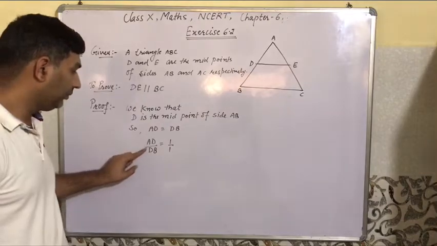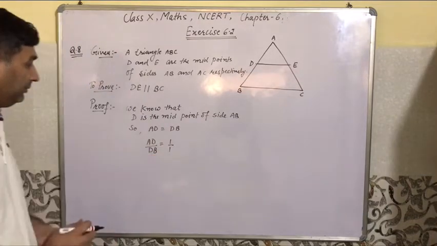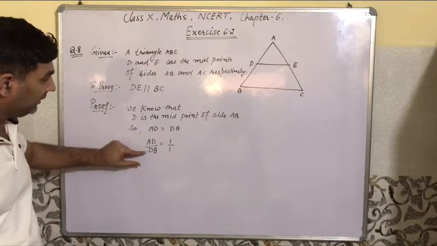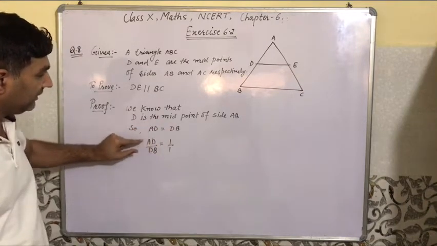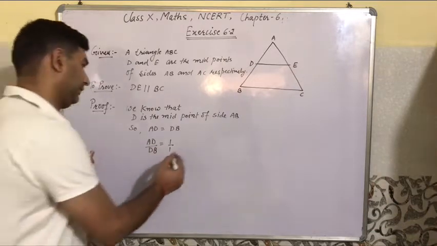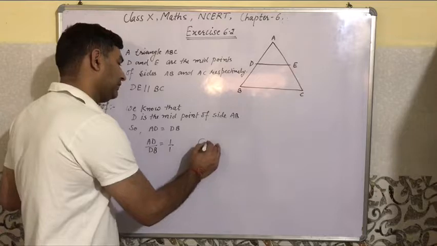Why is AD upon DB equal to 1 upon 1? Because AD is equal to DB, and we can replace DB with AD. This cancels out, then the number is 1, so 1 by 1. This is equation 1.